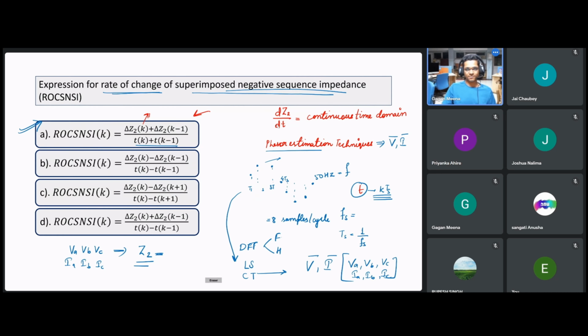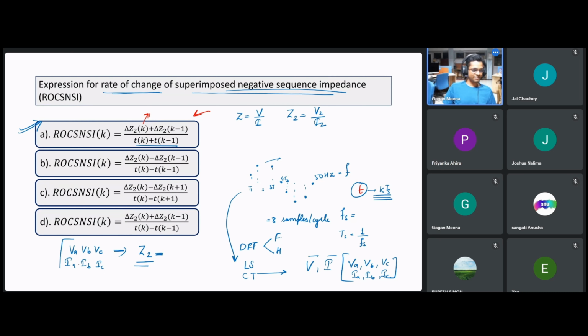Formula for Z. How do you find impedance? This is simple, right? Impedance is voltage by current. So this negative sequence impedance is negative sequence voltage by negative sequence current.